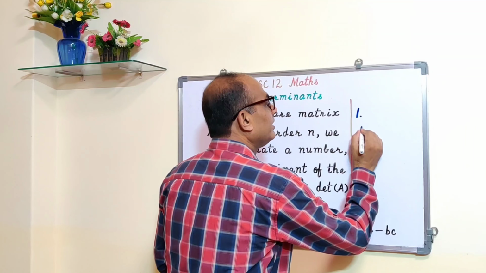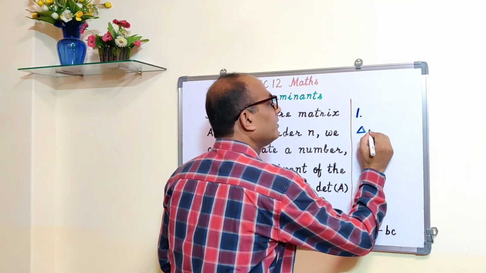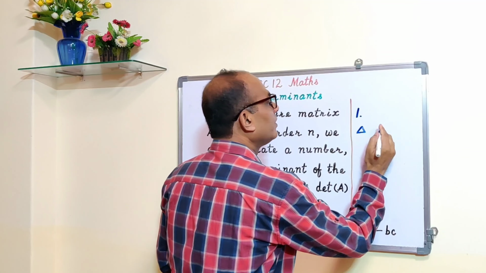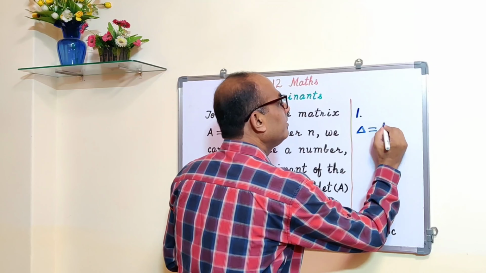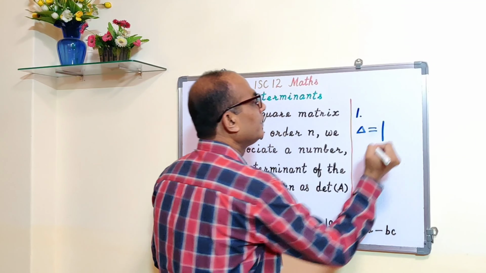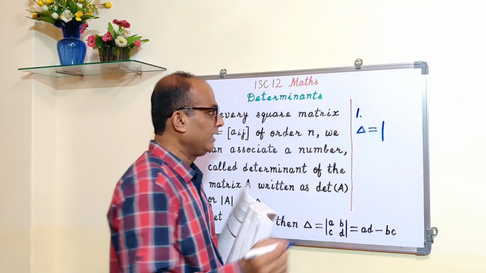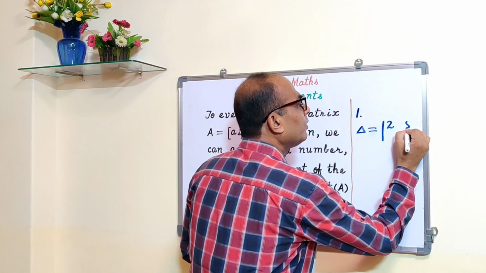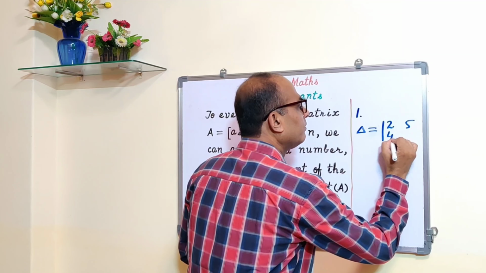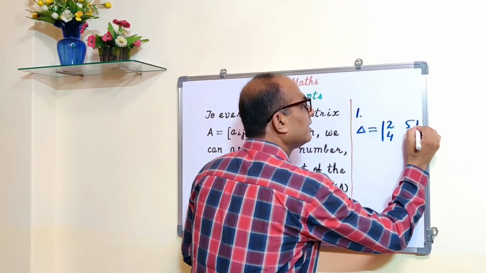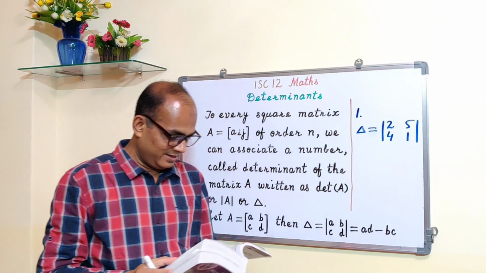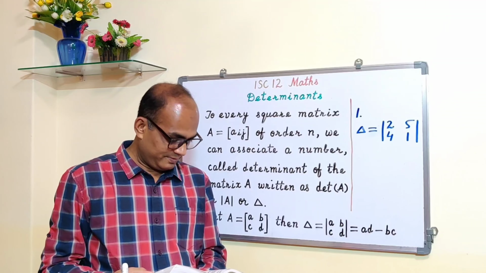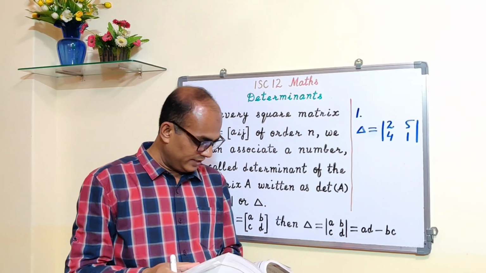Delta is equal to the determinant 2, 5, 4, 1.